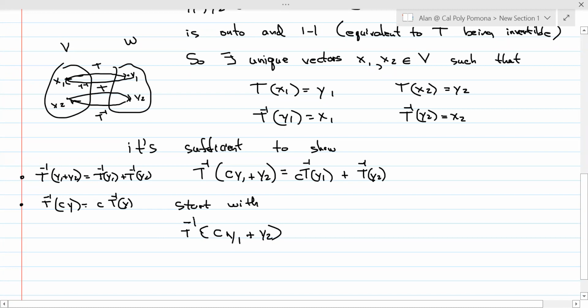Okay, that's what they start with. And all they do is put in what we know.